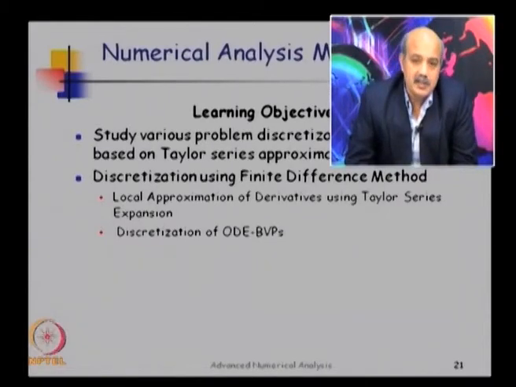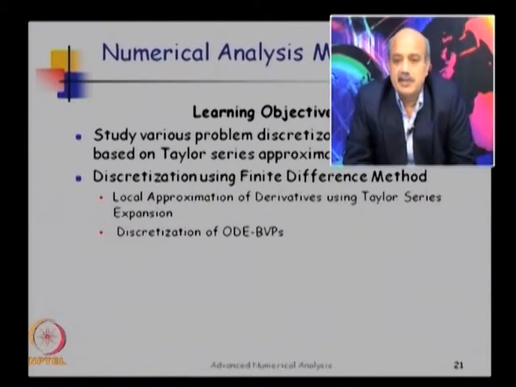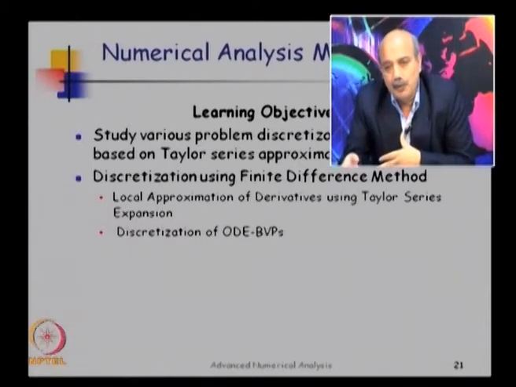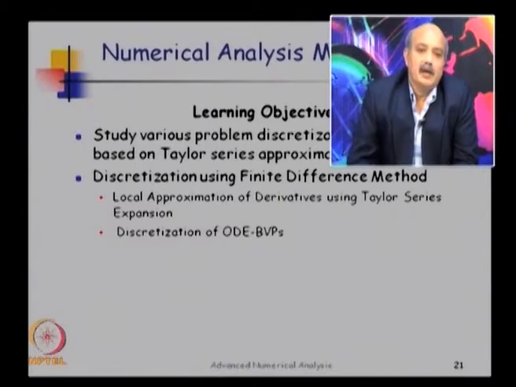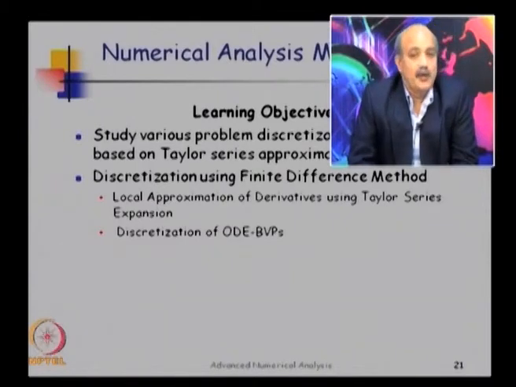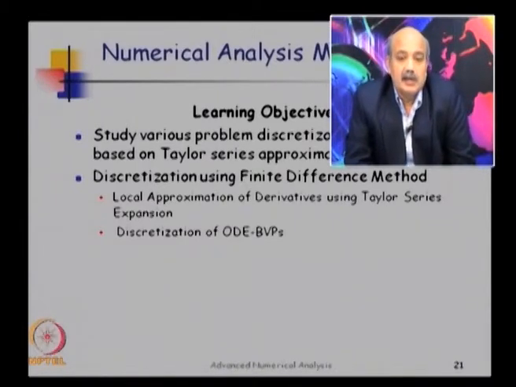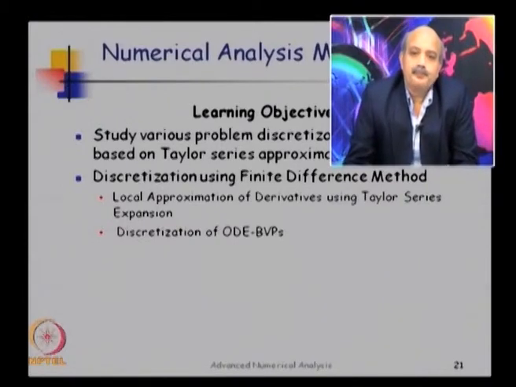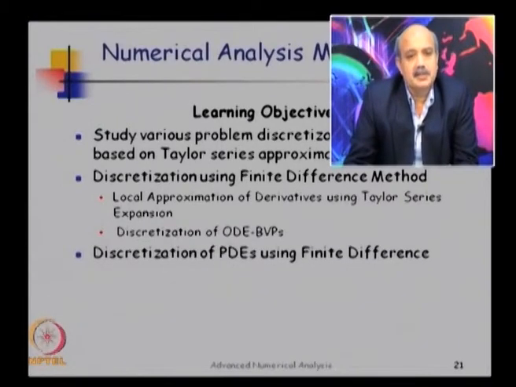Method of finite difference is used for discretization of ordinary differential equations, boundary value problems, ODE, BVP. They get transformed into set of algebraic equations. This method is also used for transforming partial differential equations into set of algebraic equations.